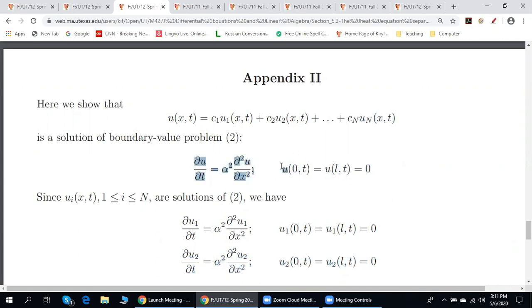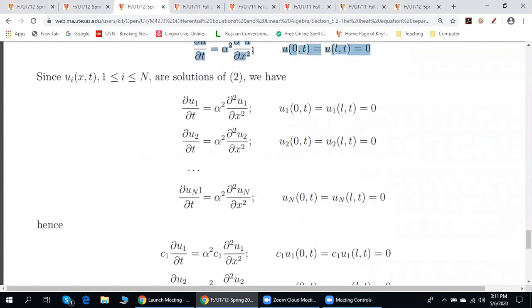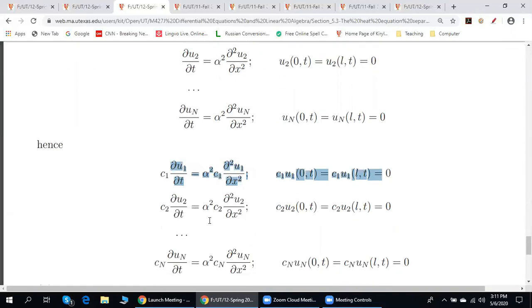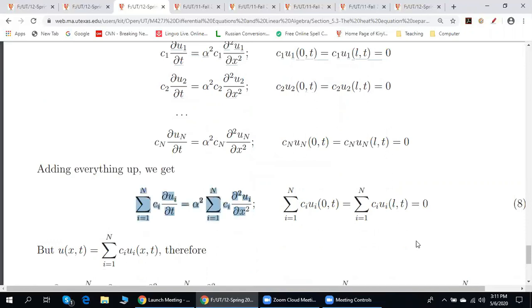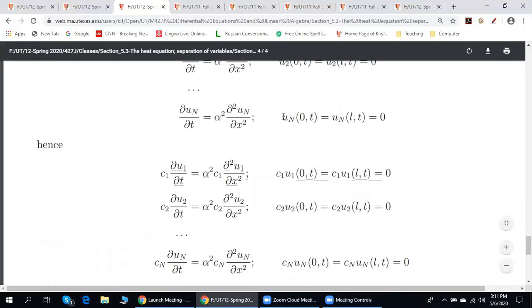Un is a solution of our problem, means a row n. Next step, let us multiply each row by C1, C2, and so on, Cn. After that, let us add these equations together, done, and these conditions together, done.